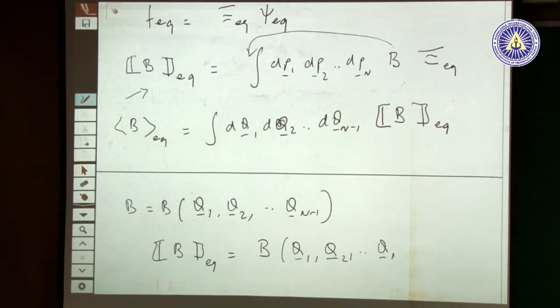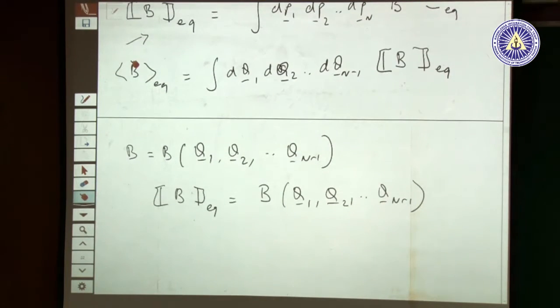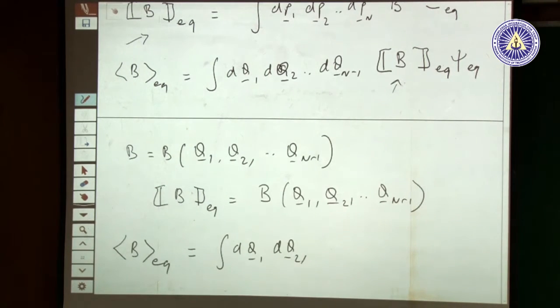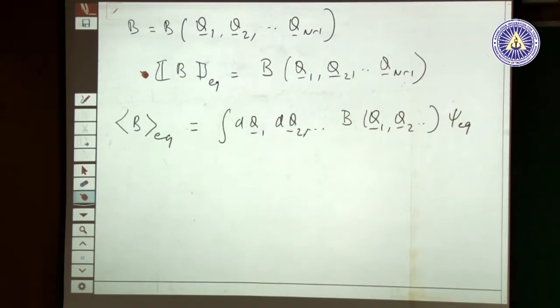So, doing the momentum average does nothing when the quantity itself does not depend on momenta. And this needs to be multiplied by psi, sorry. Okay, these are just formal definitions of averages that we will need.